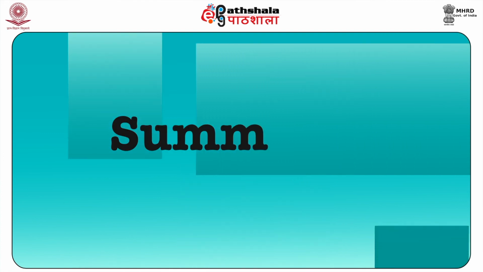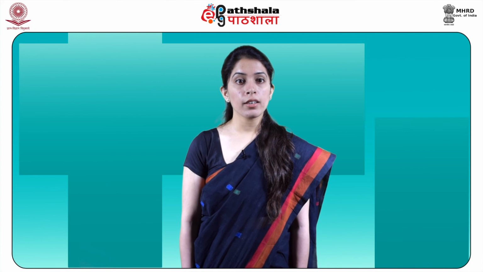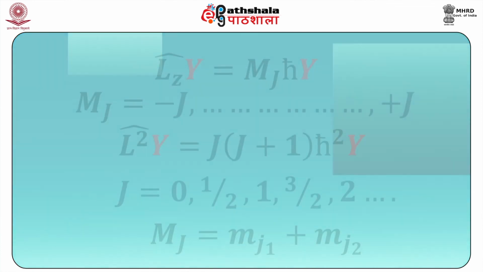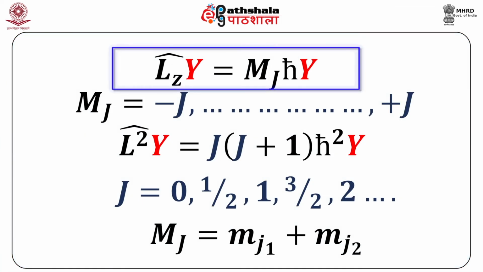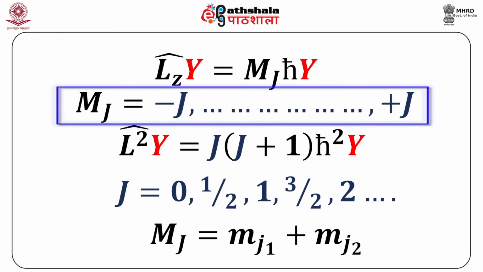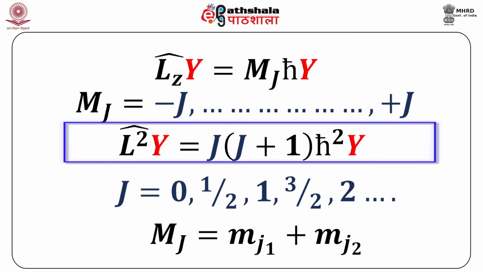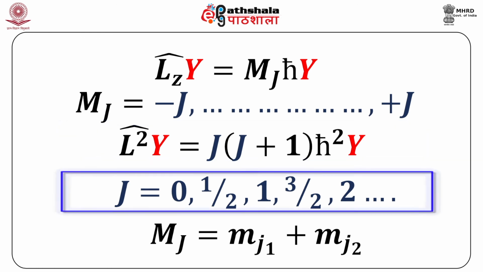With this, we can now summarize this module. We found that the eigenvalue equation for total angular momentum for a two-electron system obeys Jz psi equals capital Mj h cross psi, where capital Mj is the eigenvalue and it can take values from minus capital J to plus capital J, and J square psi equals capital J into capital J plus 1 h cross square psi, where J can take up values 0, 1 by 2, 1, 3 by 2, 2 and so on.